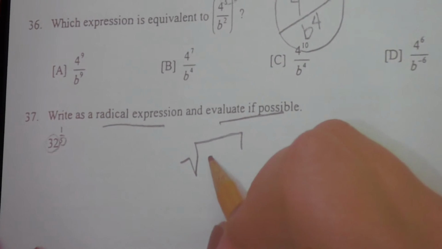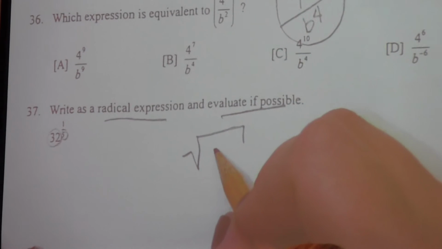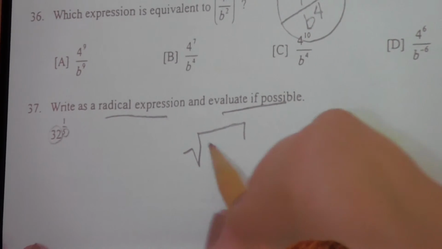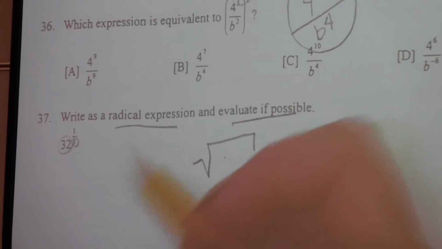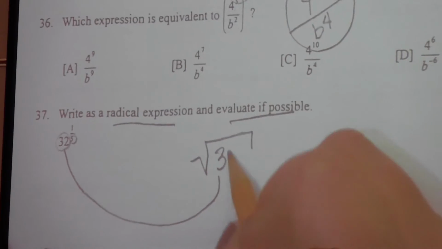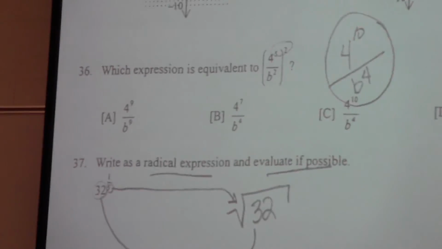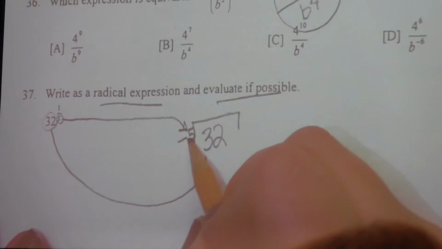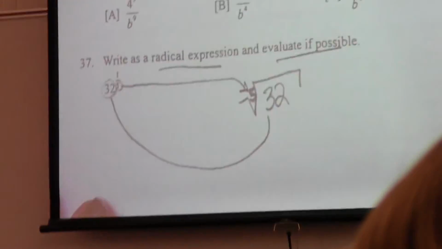Pick one. It's a 50-50 chance if you're lucky. Pick one. The top one. Which one's the top one? That guy? Sure. You're wrong. That's okay. Next time you should be right. The 32 goes on the bottom. And the bottom of our fraction here goes in the crack. So we have the 5th root of 32.